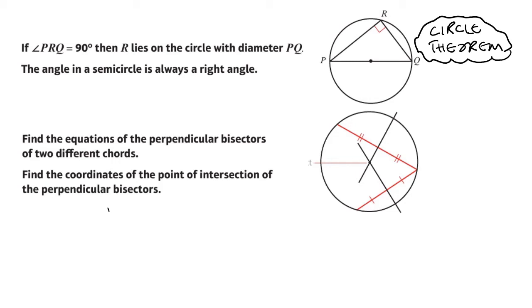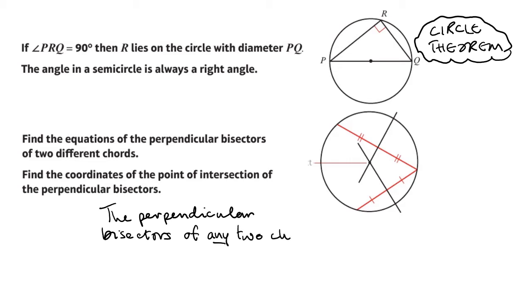So we just write that the perpendicular bisectors of any two chords of a circle pass through the center of the circle.